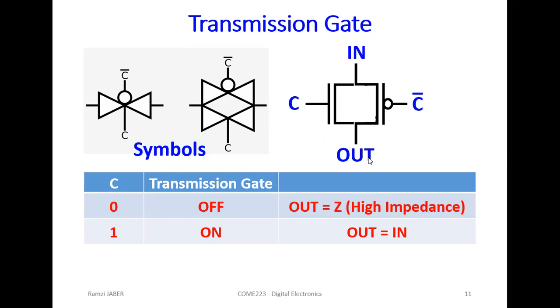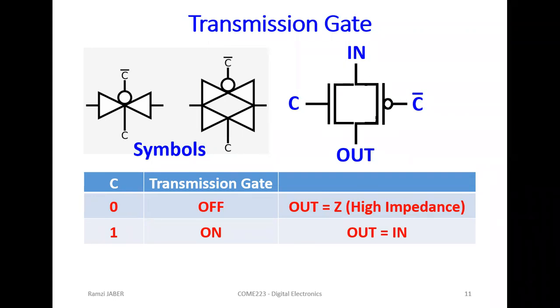We don't know what will affect this wire. If there's interference with other wires, it can be considered as 1. If no interference, it can be considered as 0. I don't know. So we don't know what it is. It's called Z, high impedance. So this is a disadvantage. We must avoid this high impedance to get a strong design.